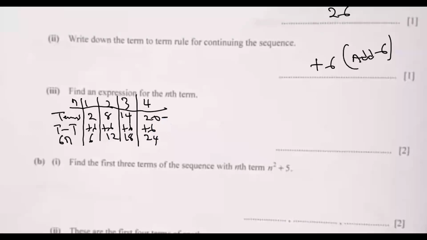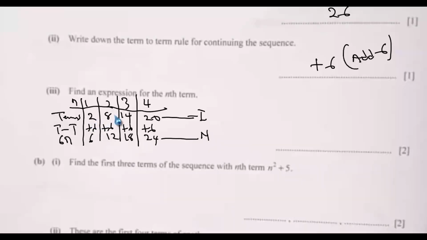So this is the initial sequence, and this is the new sequence. If you observe the initial and the new sequence very well, you see that each of the terms in the new sequence is 4 more than each of the terms in the initial sequence.